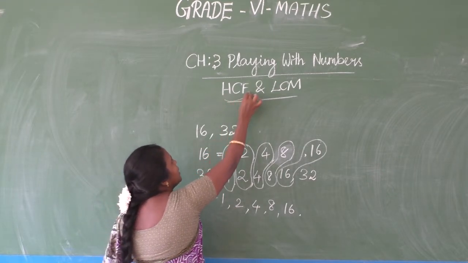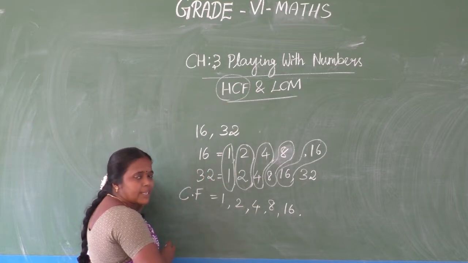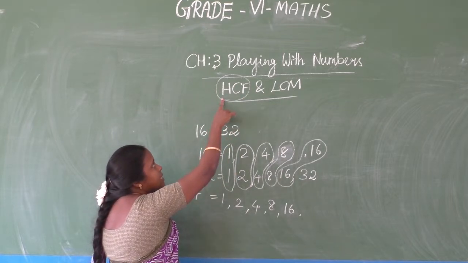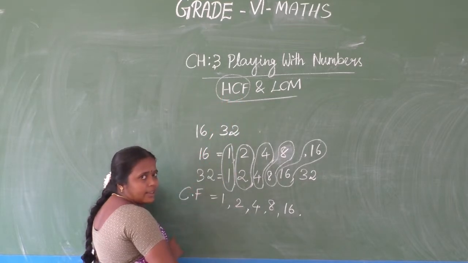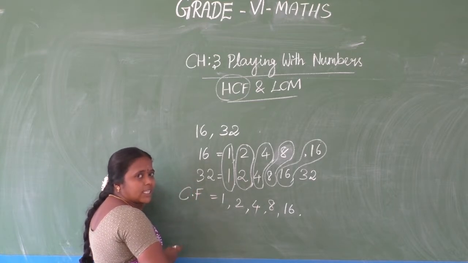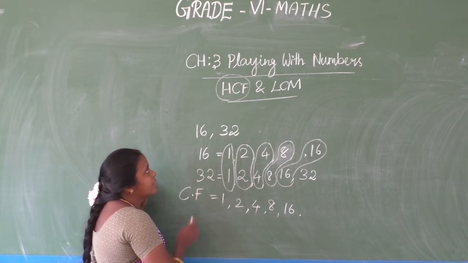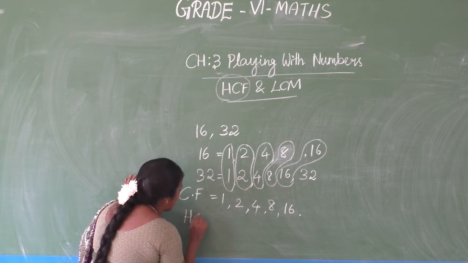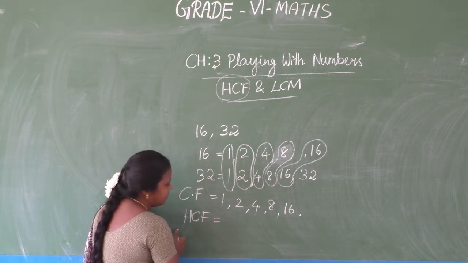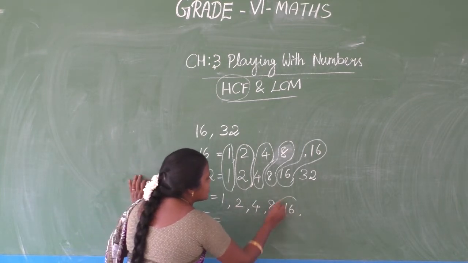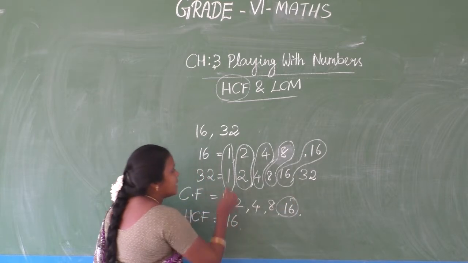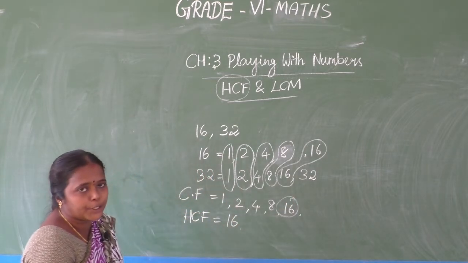We have to take the highest common factor, HCF, otherwise the greatest common factor. So in this, which is the highest one? 16. So 16 is the HCF of 16 and 32.